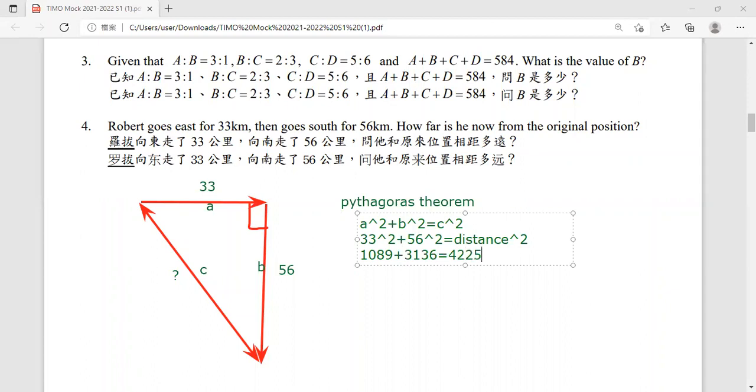This is 4225, which is equal to 65 squared. Okay, so the distance is 65 kilometers.